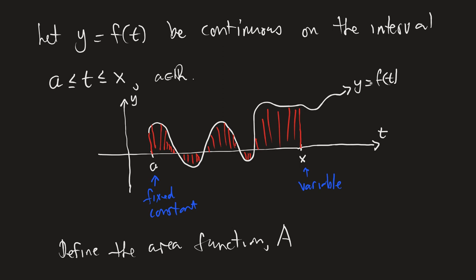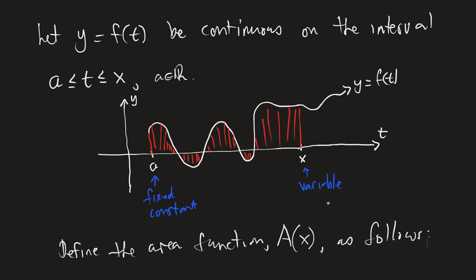So even though the graph here is a function of t, so the white curve is a function of t, the red area is a function of x. So the area function that we're going to define is a function of x. So define the area function A of x as follows.